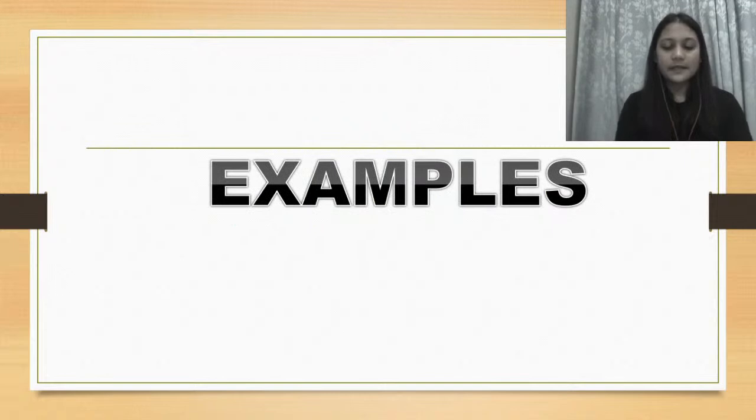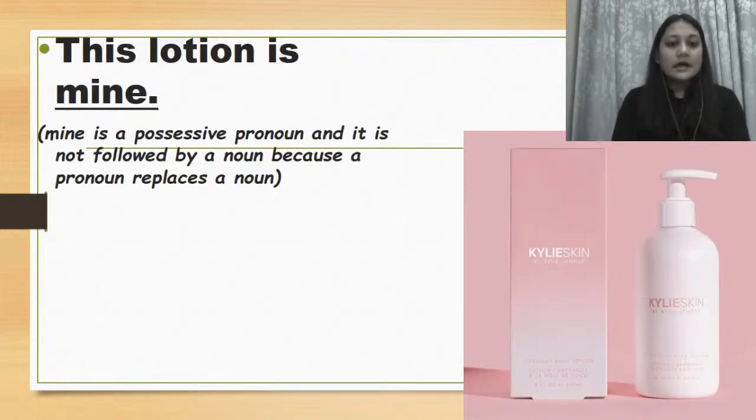Okay. Now, example. This lotion is mine. Mine is there. Is there any noun after that? No. Right? So mine here is a possessive pronoun and it is not followed by a noun, because a pronoun replaces a noun. What is the role of a pronoun?